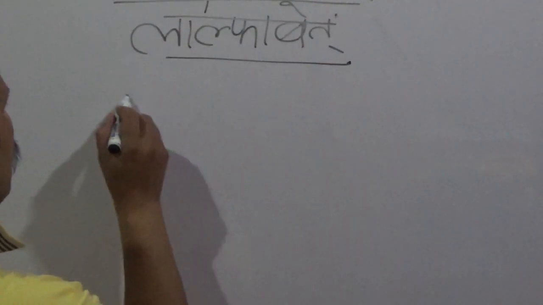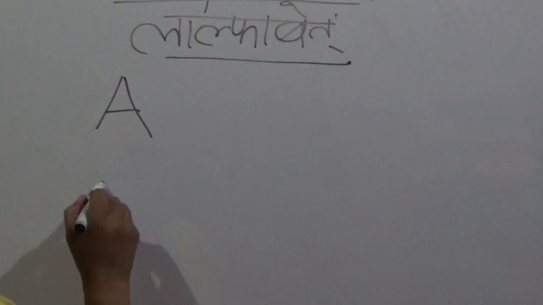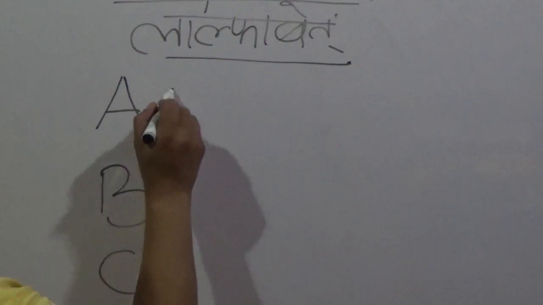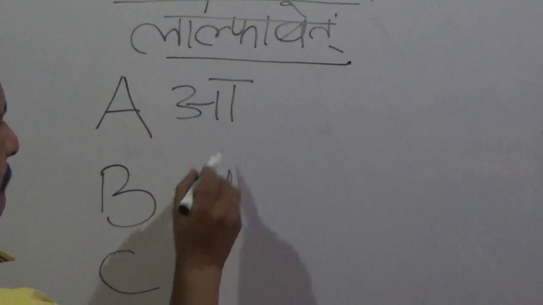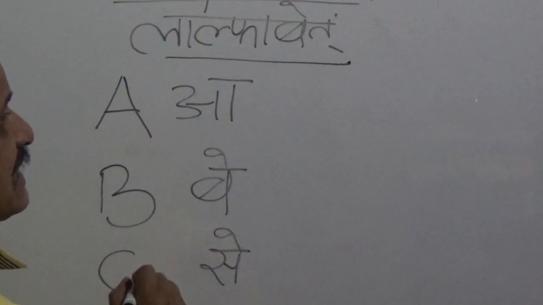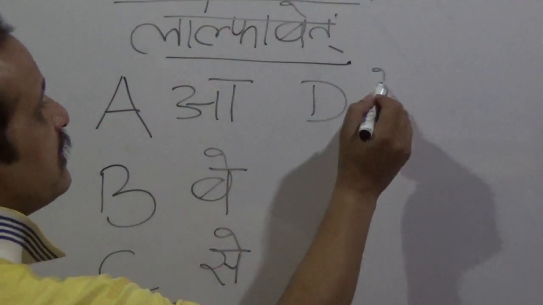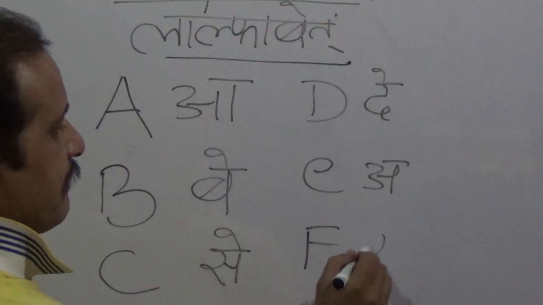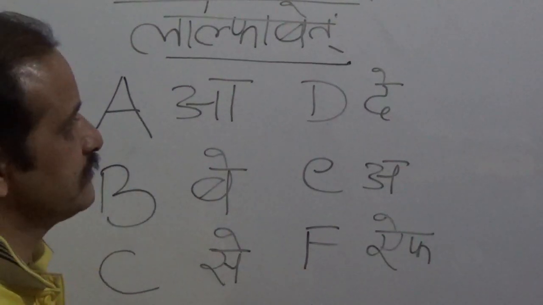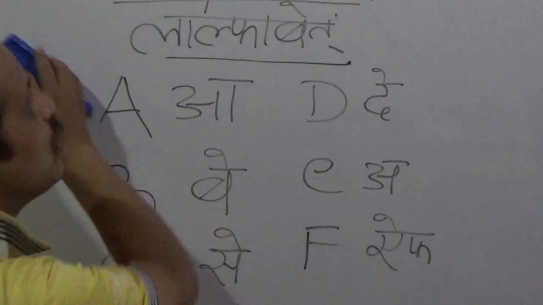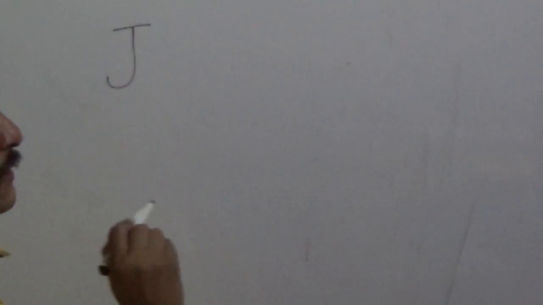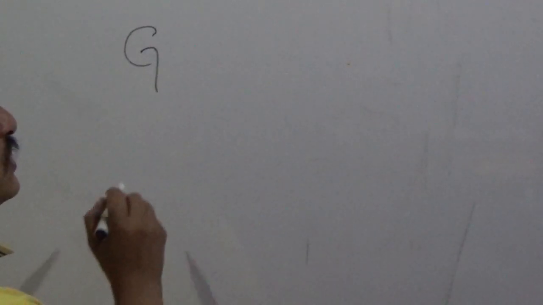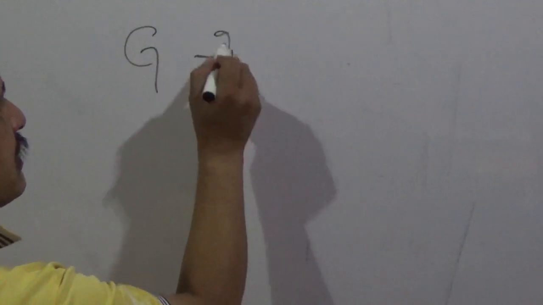So this is A, B, C, but they call it A, B, C. D will be D, E will be E, F is F. A, B, C, D, E, F, and G. G is Z in French.